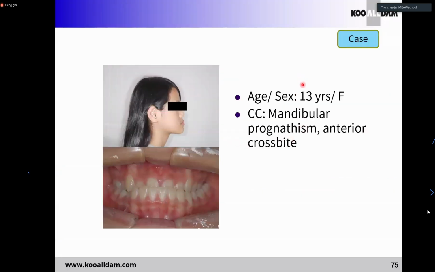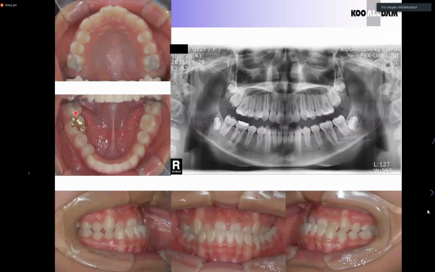This patient is a 13-year-old girl, and we can see severe anterior crossbite and mandibular prognathism, class 3, deep bite. In the lower arch, there is no crowding, and also in the upper arch, there is no crowding.